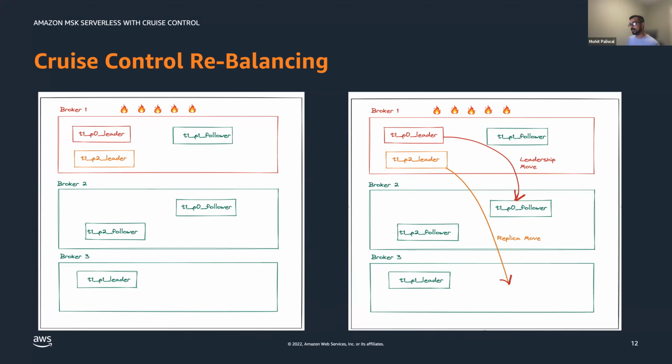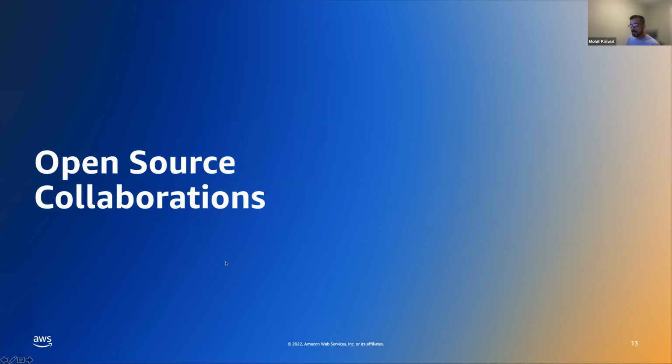There is another replica, which is completely moved along with its data to another broker, which is in orange. So there are two major kinds of replica actions that any Kafka admin would perform to balance their clusters, and this is what Cruise Control also does. So that's how rebalancing happens.